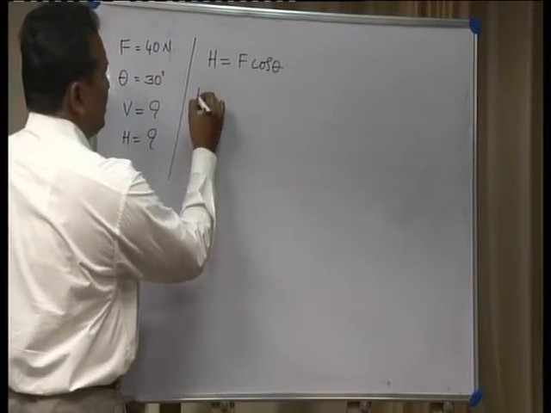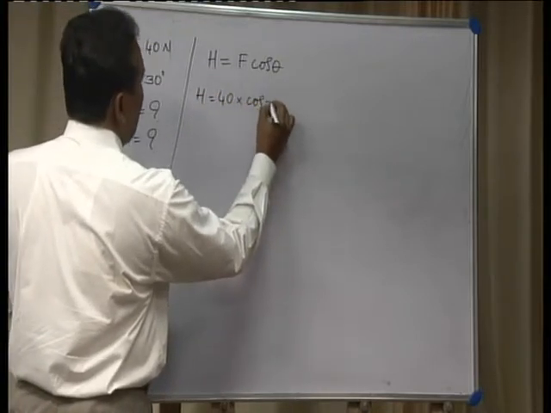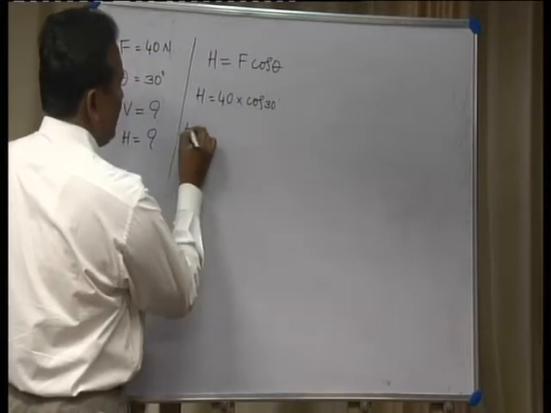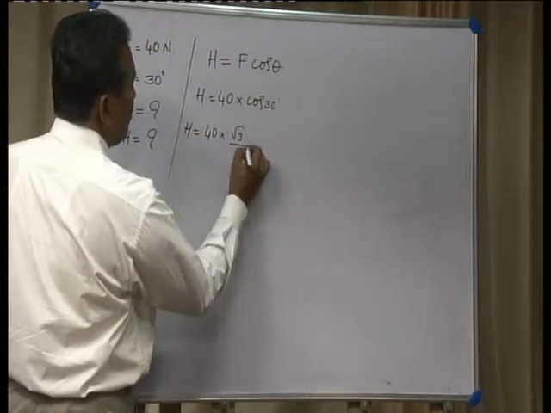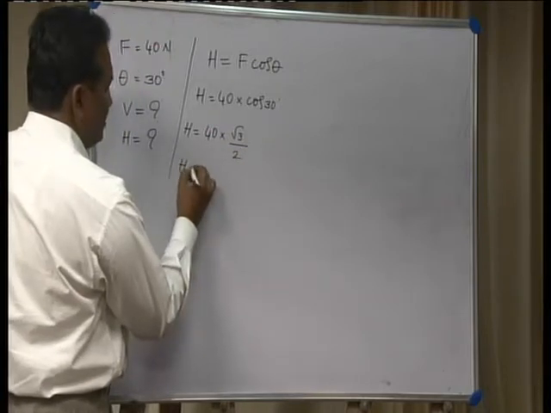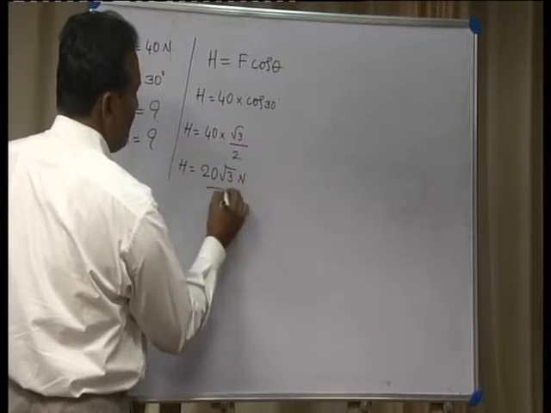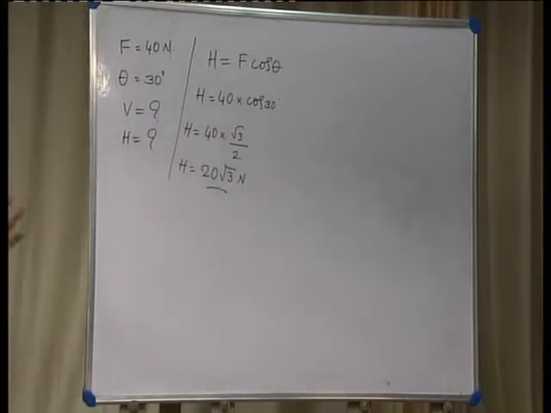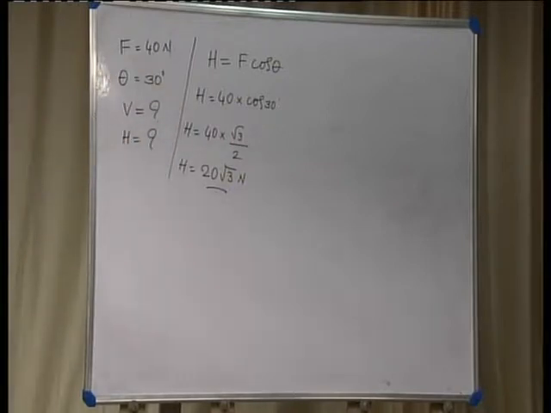So H is equal to F, which is 40 Newton, into cos of 30 degree. H is equal to 40 into, we know that cos 30 is root 3 by 2. So H is equal to 20 root 3 Newton, the horizontal component of the force 40 Newton, which makes an angle of 30 degree with the horizontal.